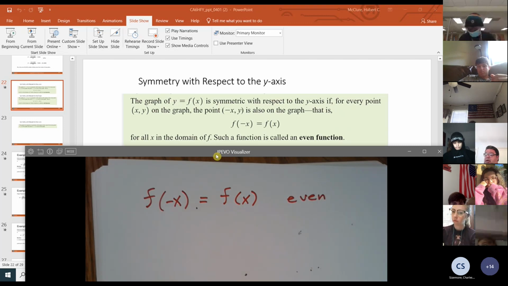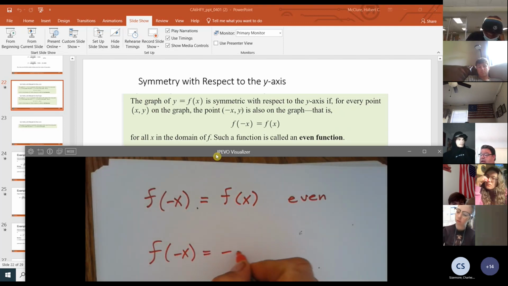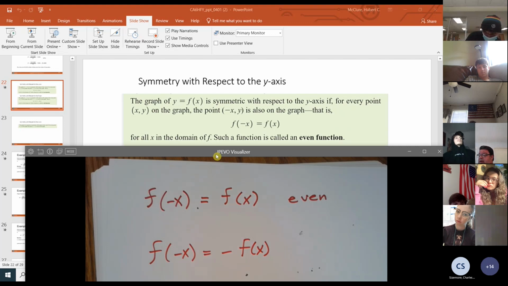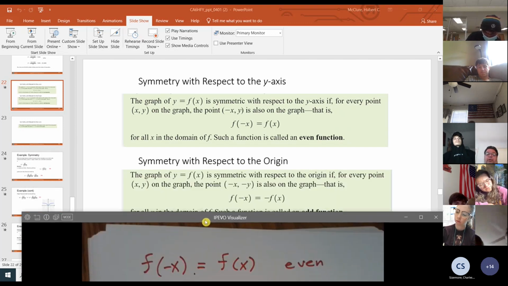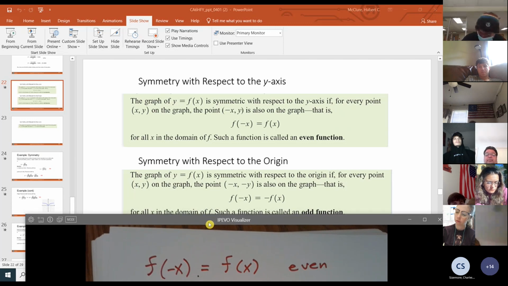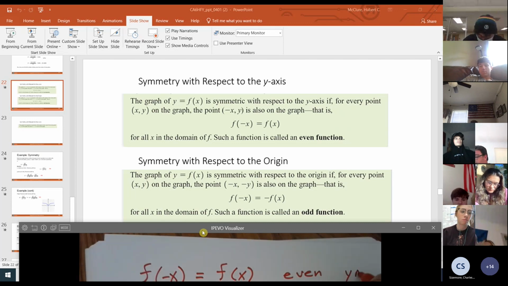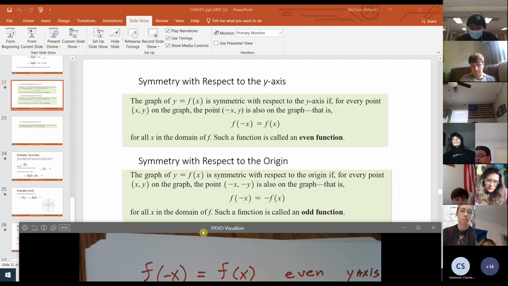If you plug in negative x and you get negative f of x, then that is an odd function. That's where you're plugging and chugging. And we're probably going to do an example here in just a second. If it's an even function, then it is symmetrical around the y-axis. If it is an odd function, it is symmetrical around the origin.